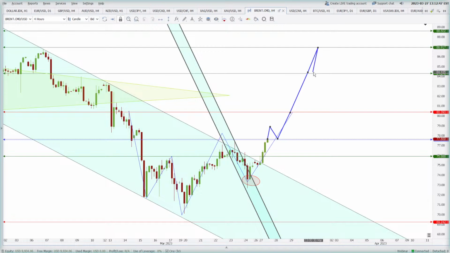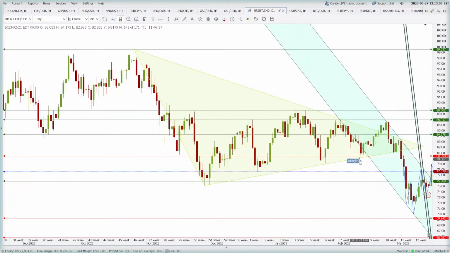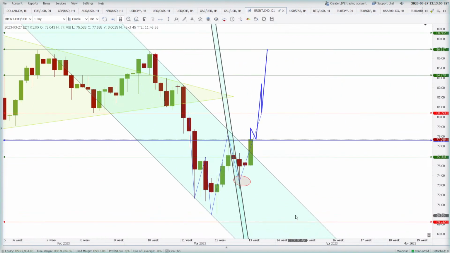Now this may not happen in one go, I mean, it can happen like this also. But yes, the price is going higher now and it will be supported because this downtrending channel on the 4-hour at least is now broken, and on the daily also it is broken. So expect higher highs and higher lows in this market.